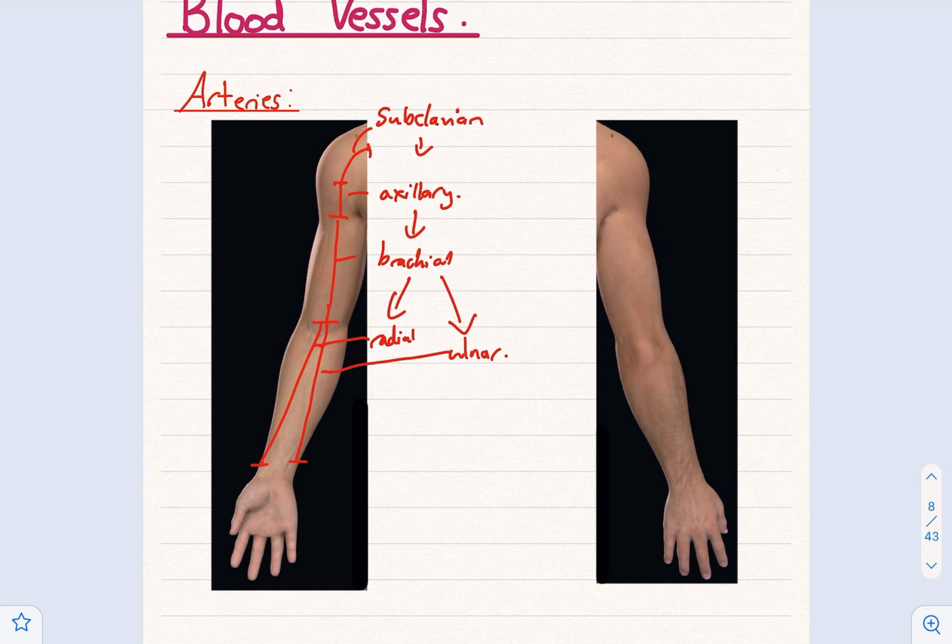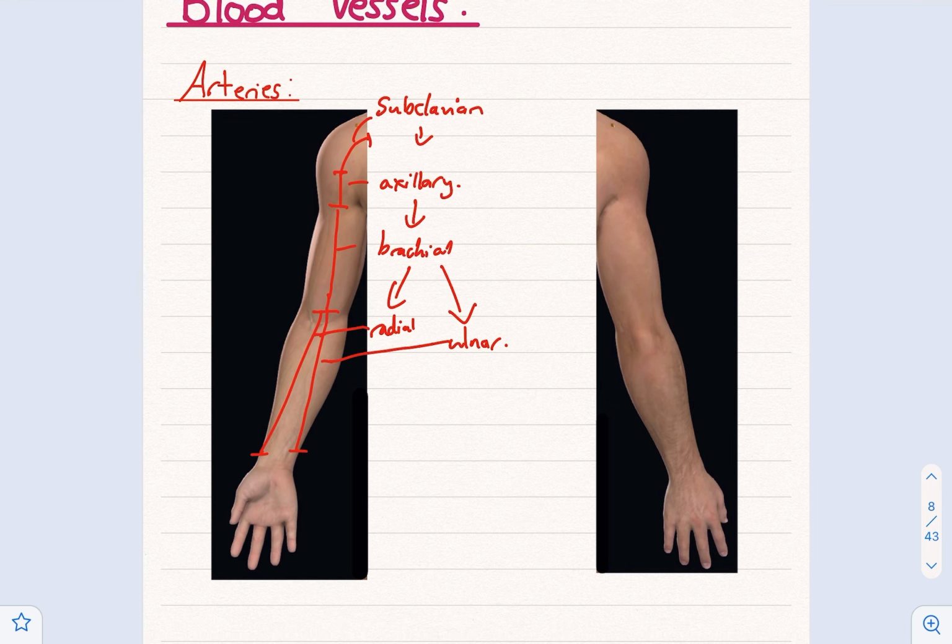Remember how I said there was the interosseous membrane? You then have interosseous arteries, like anterior and posterior interosseous arteries. You'll get different collaterals, like ulnar and radial collaterals, profunda brachii, and other branches you'll come across. Don't worry about them right now.